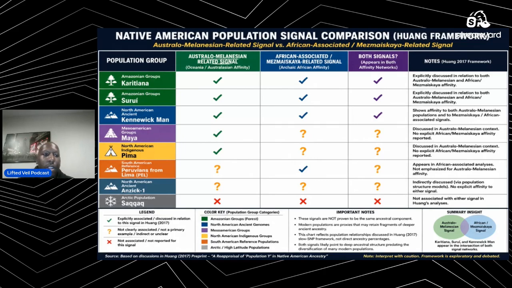Okay, but they didn't share it as much as the Mexican population. Like I said, I'm going to go over that in more detail as I go. North American ancient ANZIC 1 didn't have any Australo-Melanesian related signals or African-associated Mesmachia signals. Sackett had none of either.